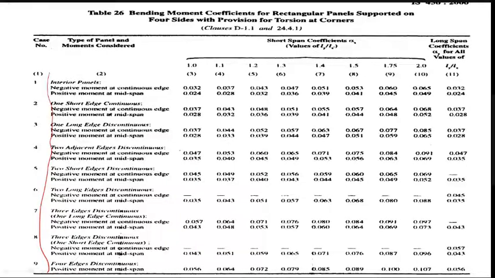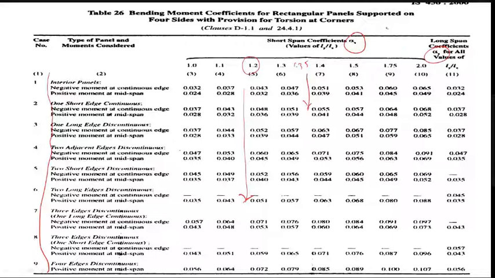From here we will get alpha x and alpha y. If you get 1.2, we directly get the values here. If it is in between, we just need to do interpolation.